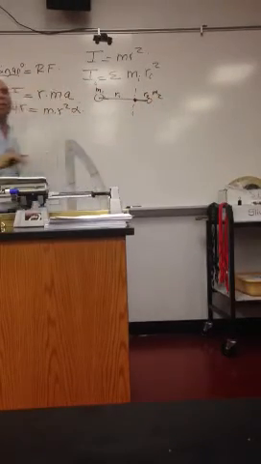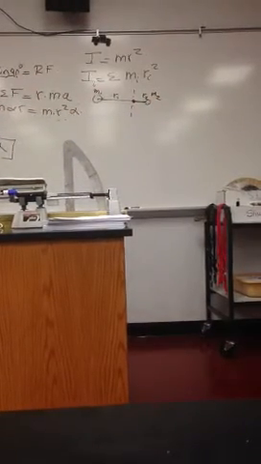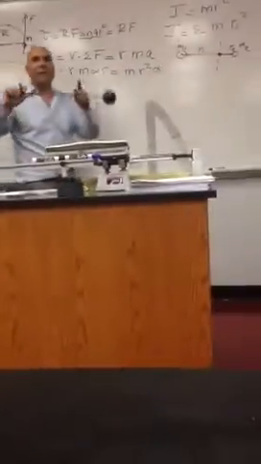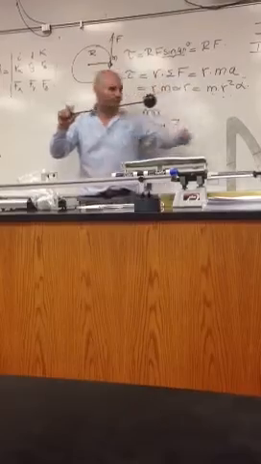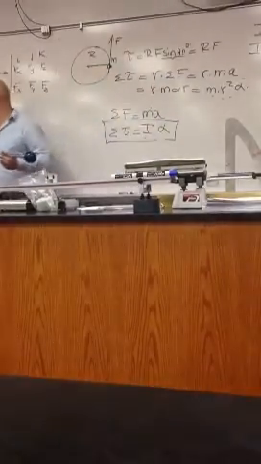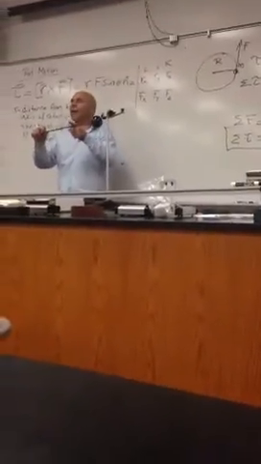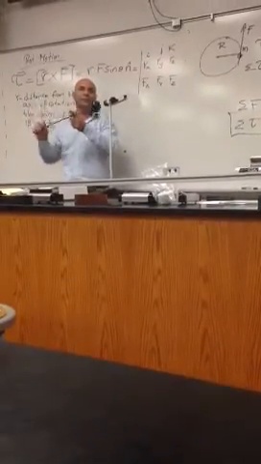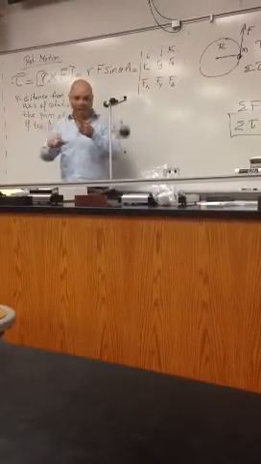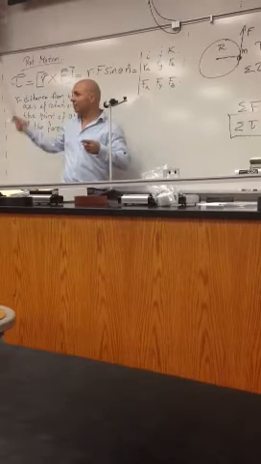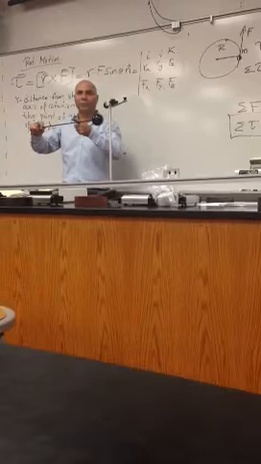How can I get the moment of inertia of this system, rotating like this? With respect to what axis? If this is X, this is Y, and this is Z, what is the axis of rotation?